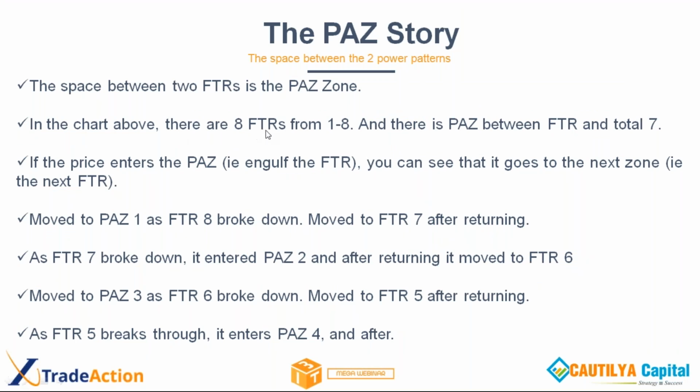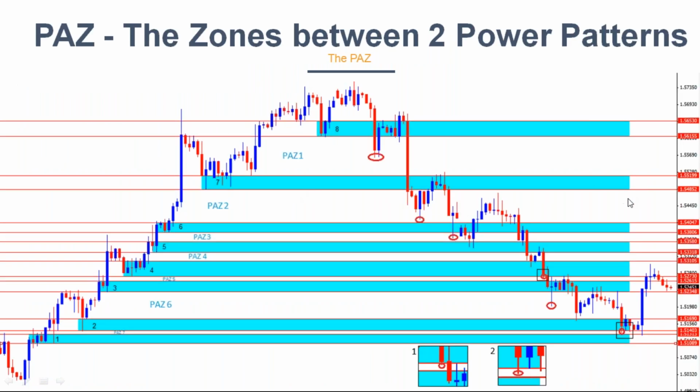There are 8 FTRs from 1 to 8, and there is a PSG between each FTR, total 7. If price enters the PSG, if it engulfs an FTR, if it kills an FTR zone, you will see that it will go to the next zone. See, this is an FTR, and this FTR is broken.